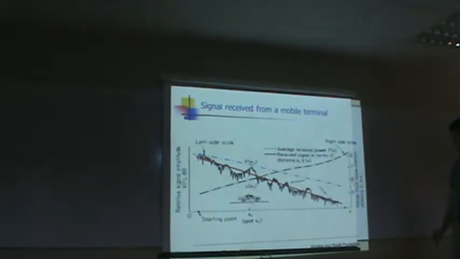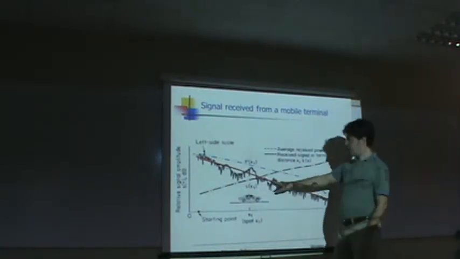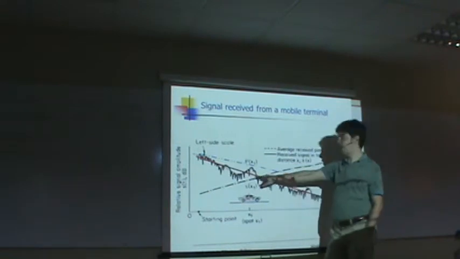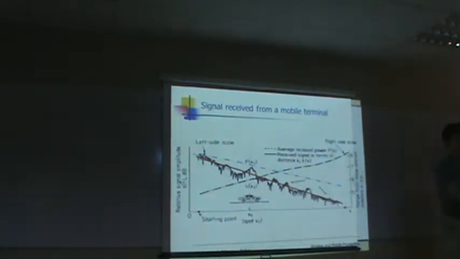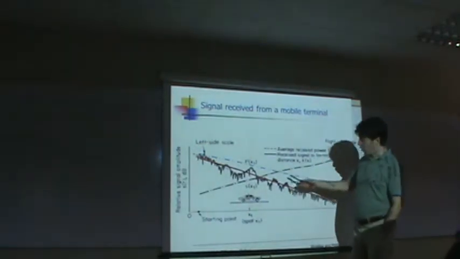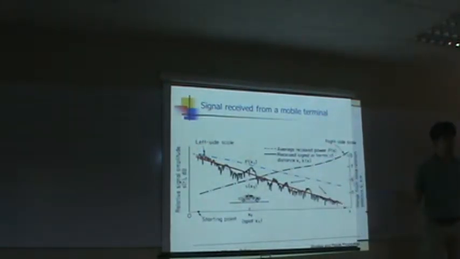This is actually quite a good agreement with the prediction. The red line is the median predicted component, and on average it's okay.